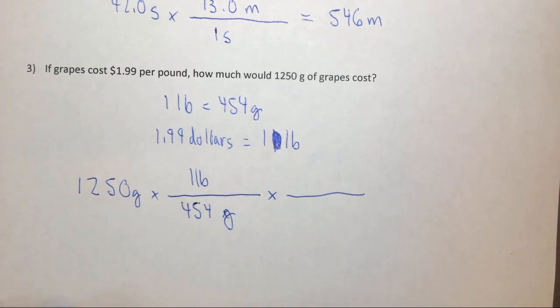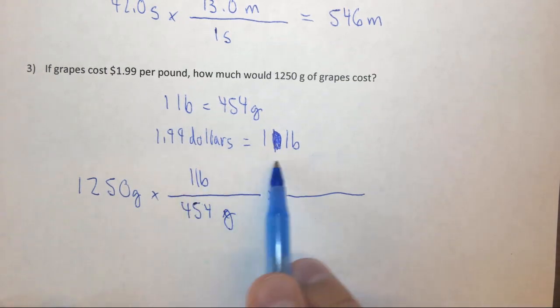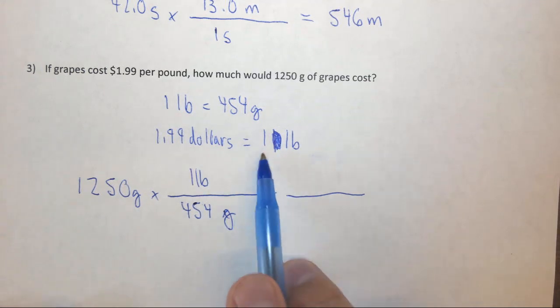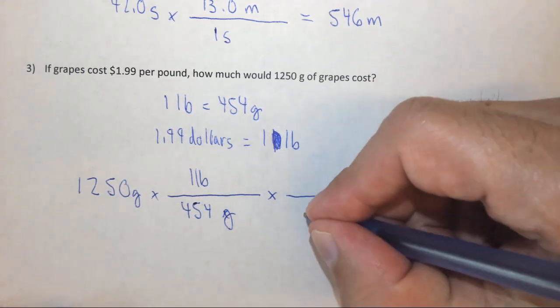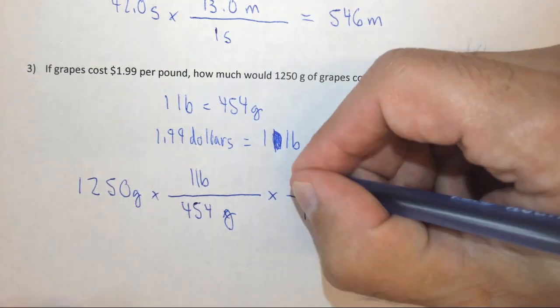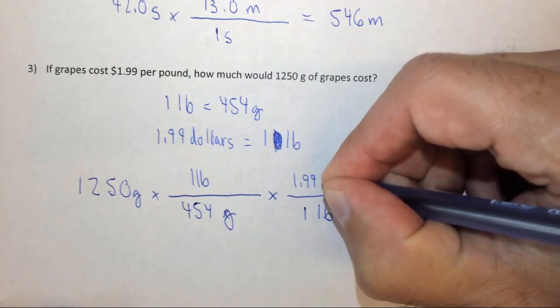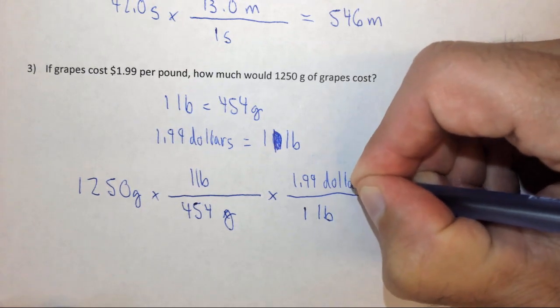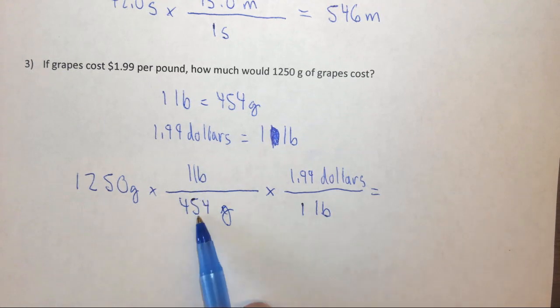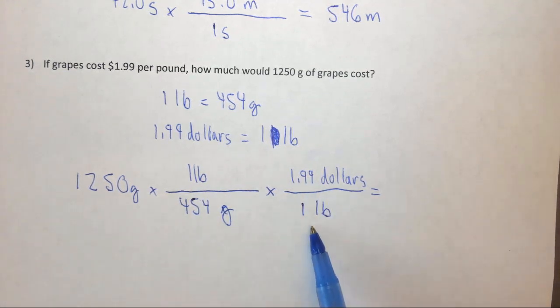We want to know how many dollars this is going to cost. In this case, we use the second equality. To do the second conversion, we need a second equality, and we have one. So in this case, we want pounds to cancel out. So we put 1 pound on the bottom, and we put the $1.99 on the top. When you do that math, multiply by the top, divide by the bottom, multiply by the top, divide by the bottom.